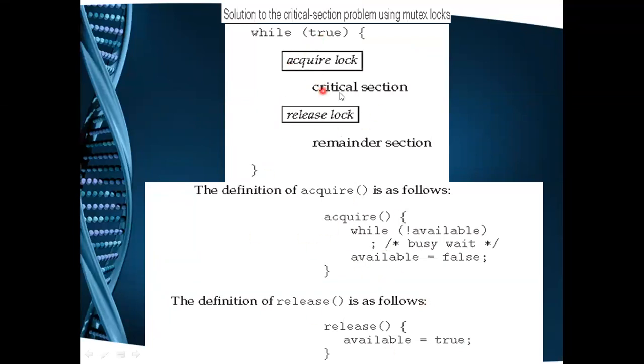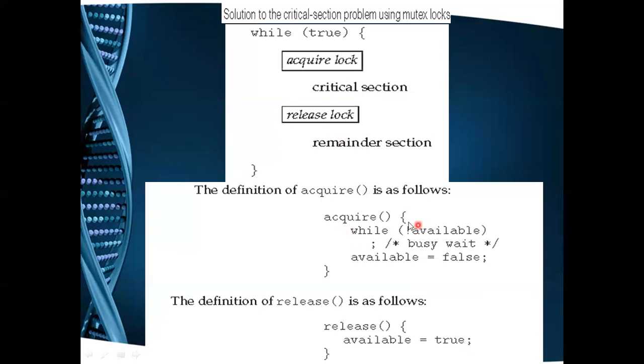Whenever a process wants to enter the critical section, it has to get the lock. For that, the acquire method will be called. After completing the critical section, while coming out, a process executes the release method. Both methods, acquire and release, use the available variable. During acquire, we check whether the variable is available or not.